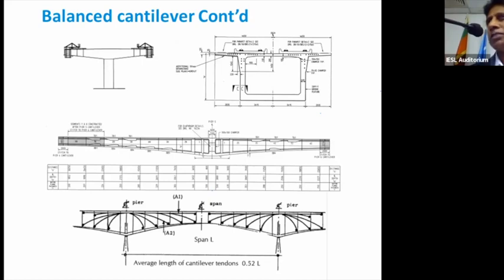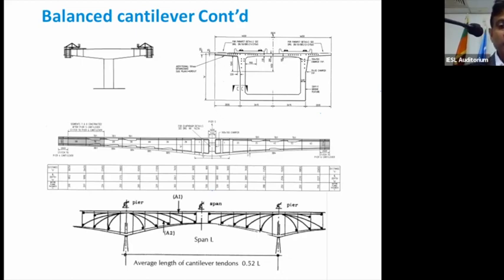Segment sizes may vary from 2 to 4 meters, and it all depends on the crane capacity. What I want to emphasize is that a large number of cables are there, and tendons need to be terminated at certain locations. These are the key aspects of the box.